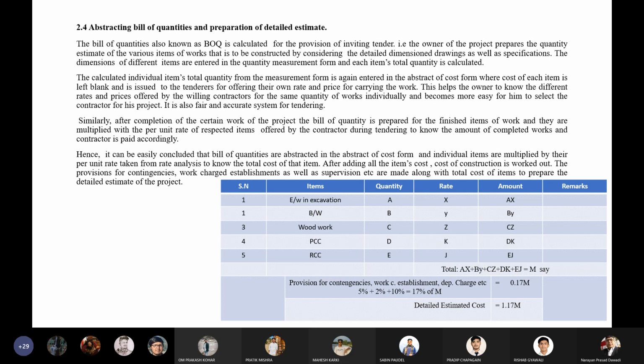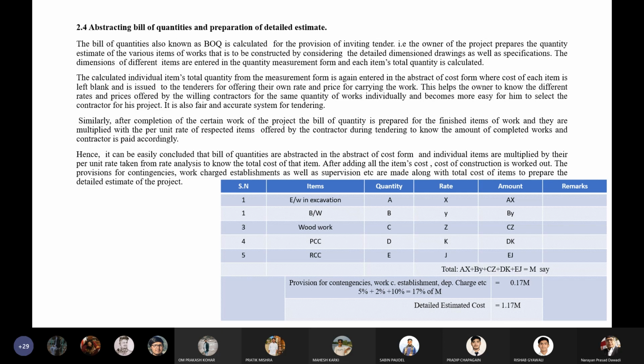In the quantity measurement form, you only calculate the quantities of various items of work. But after adding the total quantities of all the calculated items, the total quantity of each item is again entered in the abstract of cost form to find the cost of that individual item.